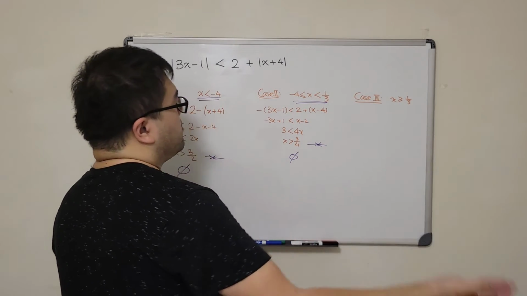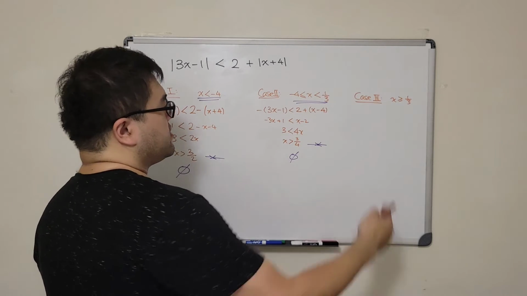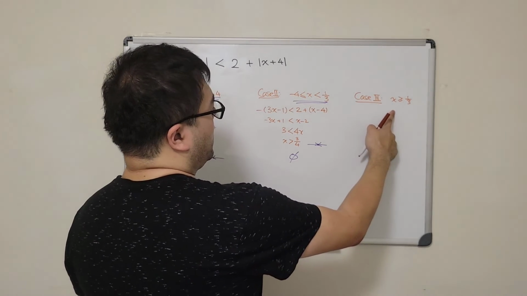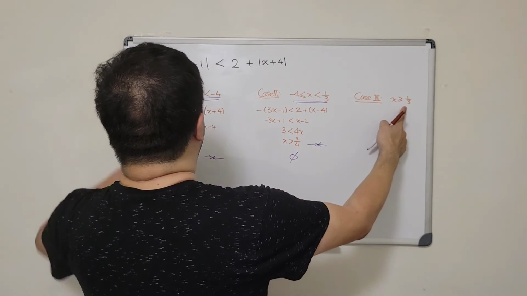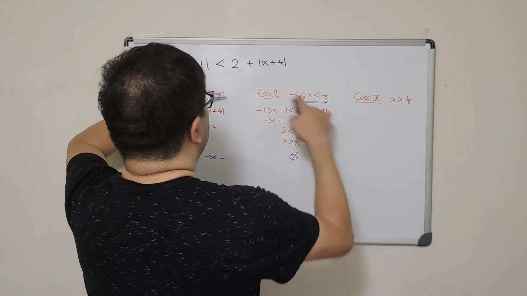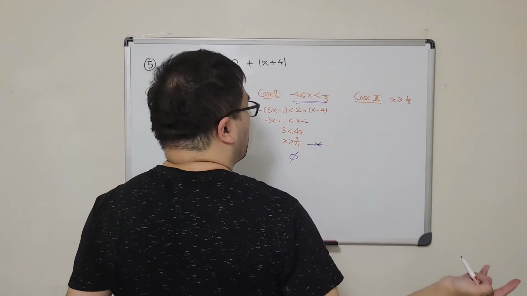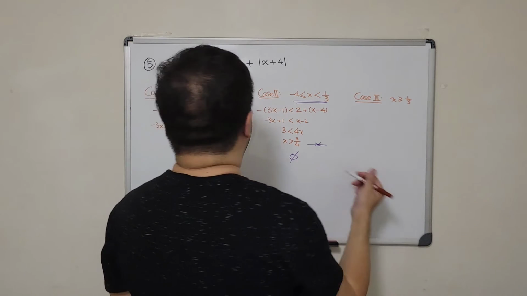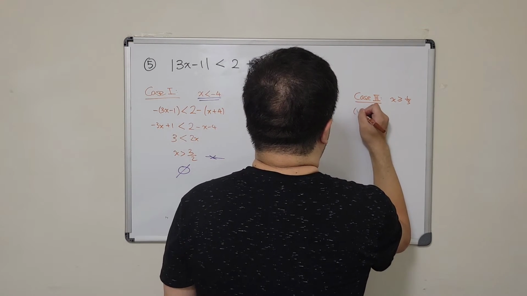So hopefully we can get something from the last case. Last case said x is greater than or equal to 1/3, meaning that both absolute values are not going to affect the expression itself.